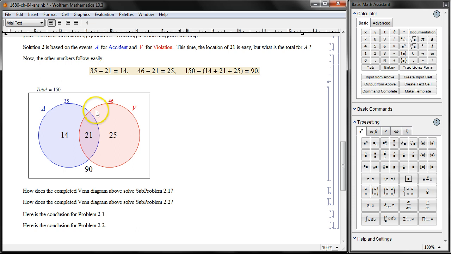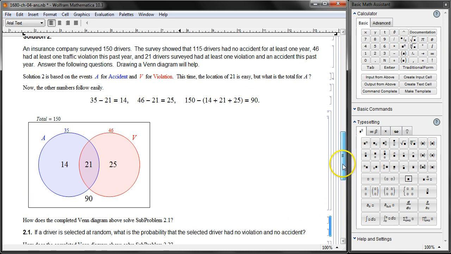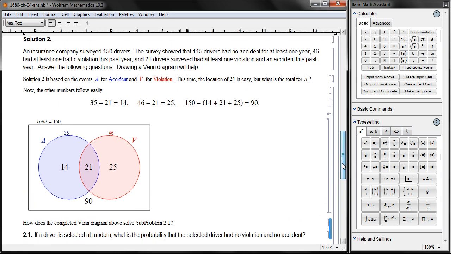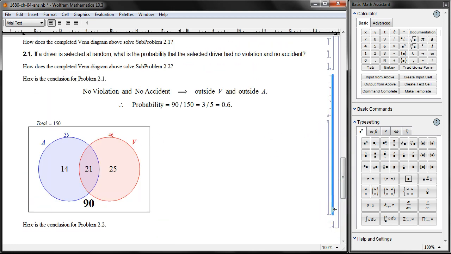Now, can I answer subproblems 1 and 2 using this completed Venn diagram? You bet. If a driver is selected at random, what is the probability the selected driver had no violation, no accident? No violation, outside V, no accident, outside A. So what do you get? 90. See? Highlight 90. Outside V, outside A. So 90 over 150, that's the probability.